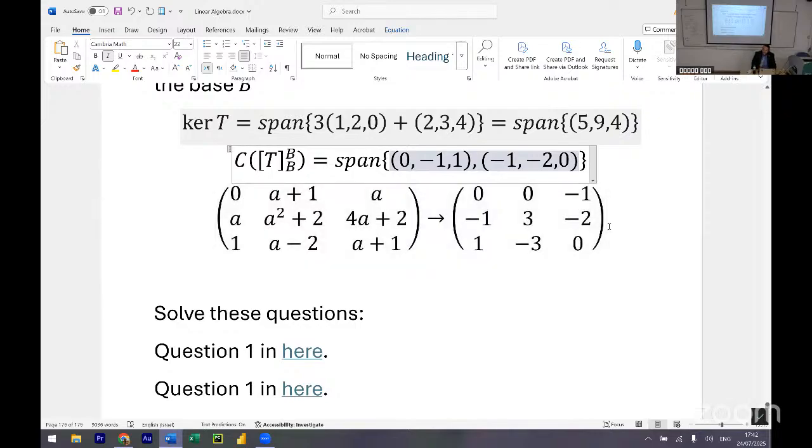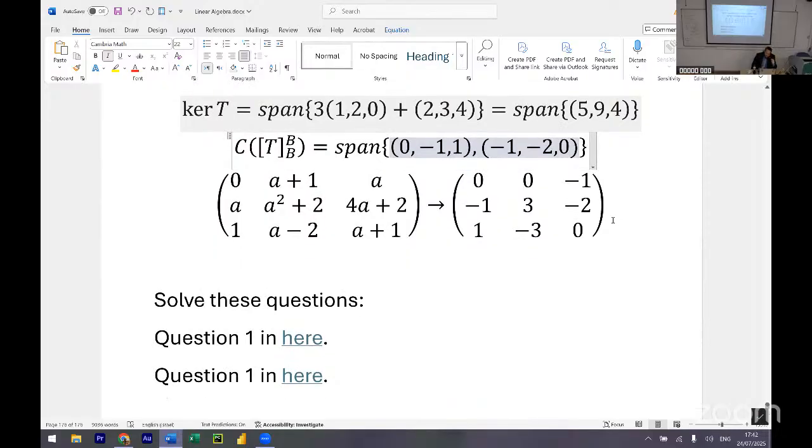And again, we need to multiply these coordinates by the basis.